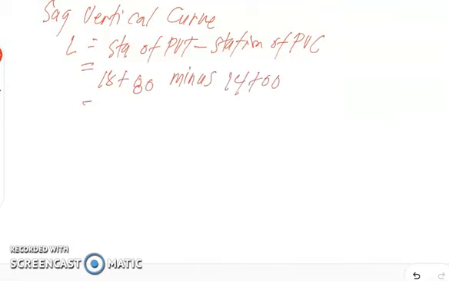So this will give us 480 feet. So we have now the value for the length of the curve for the sag vertical curve.